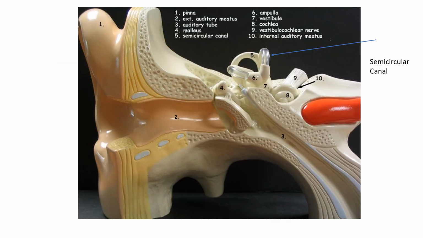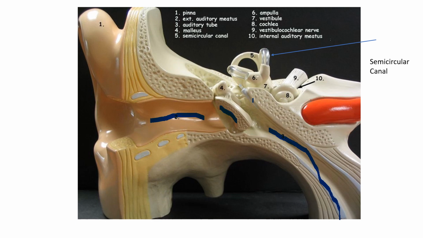Here is another ear model that we have in our lab, and all of the structures are identified here. Then again, we have the pinna, we have the external auditory meatus for number 2, we have the auditory tube for number 3, number 4 is the malleus, again, which attaches to the tympanum right here.